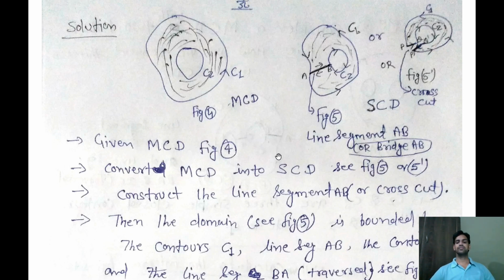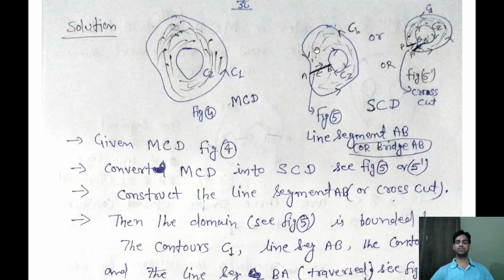So first we will construct the line segment AB. Then this is the inner boundary of C2 and the outside boundary of C1.